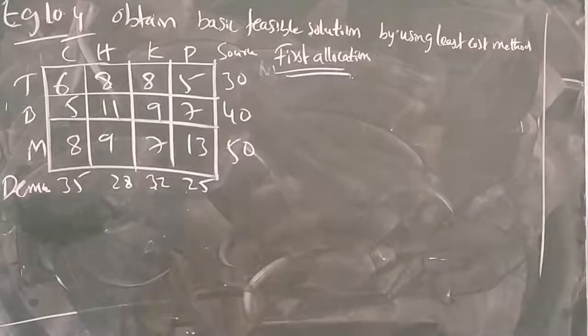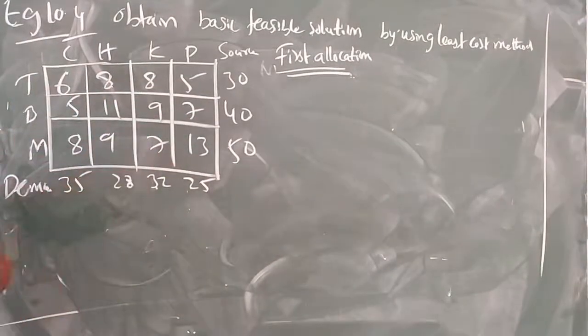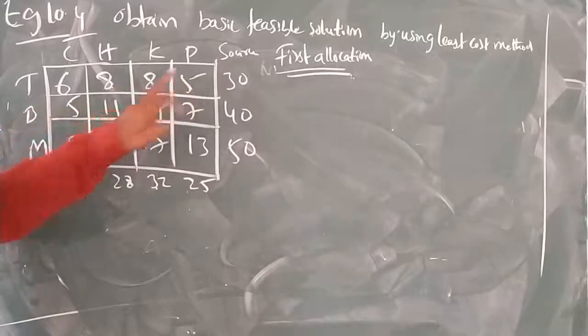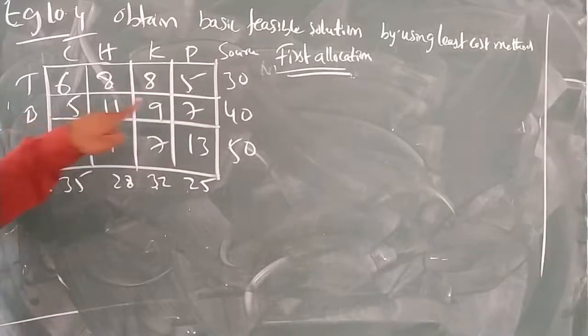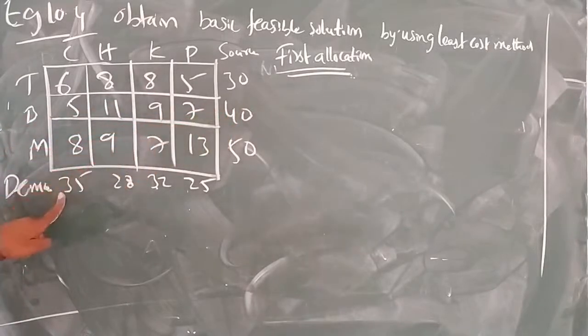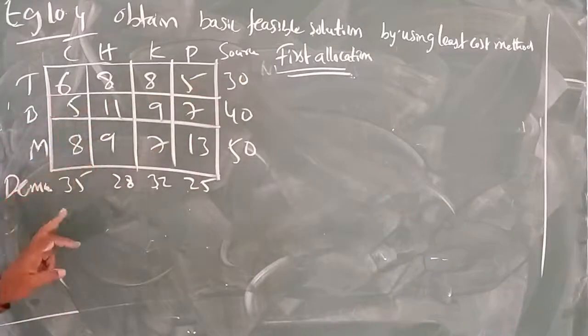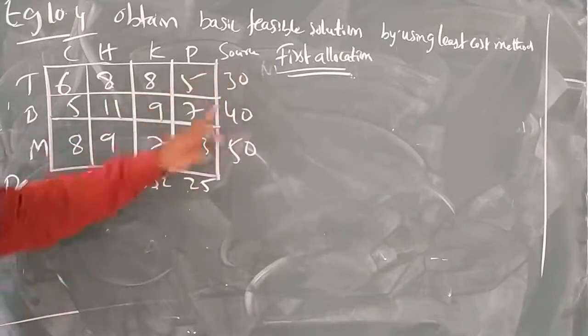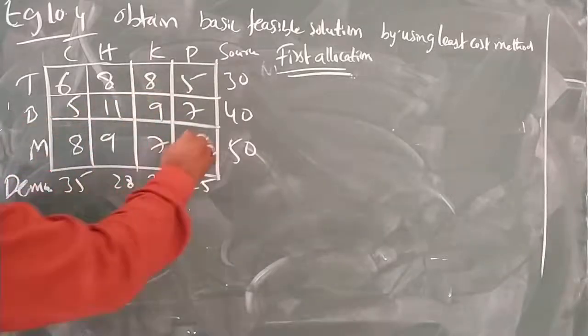So see this first allocation. First, we need to identify the smallest value in this. So we have 5 as the smallest value, which is at two places. One is at this place, which is having the source values of 40 and 35. At this place, 30 and 25. So if you observe this, the minimum value we are getting here is 30 and 25. So we have to concentrate on this 5 value. So the first allocation will be this.